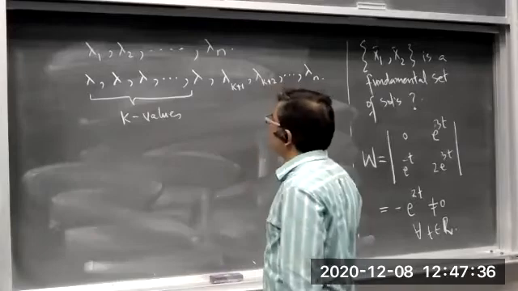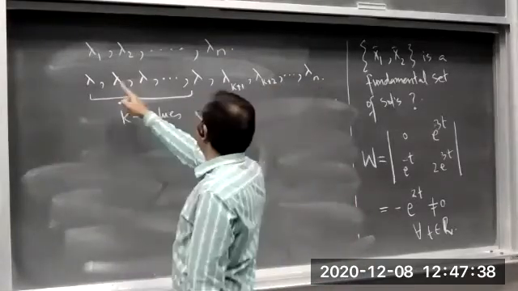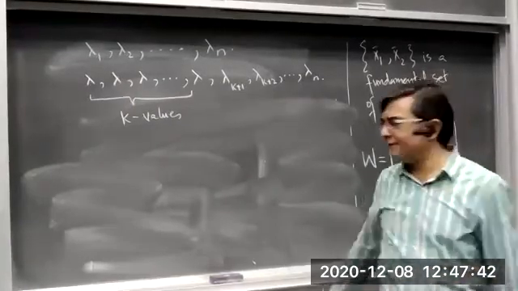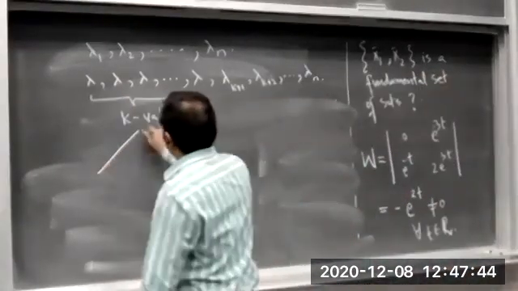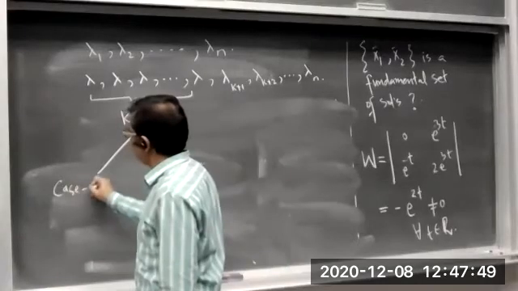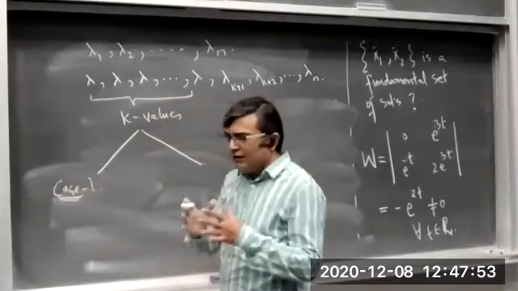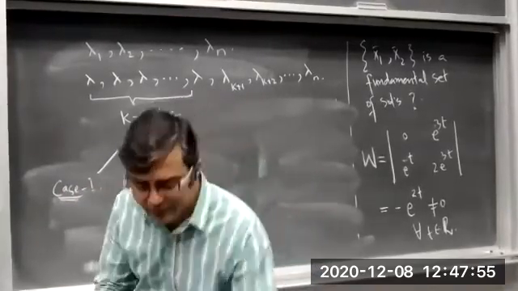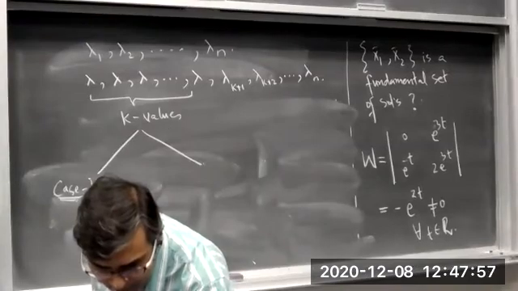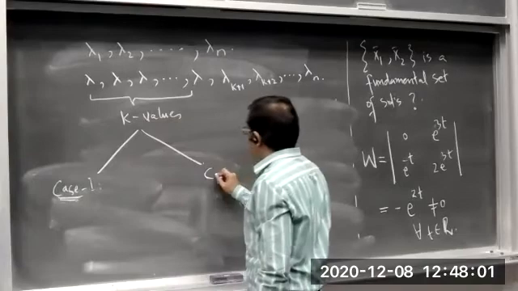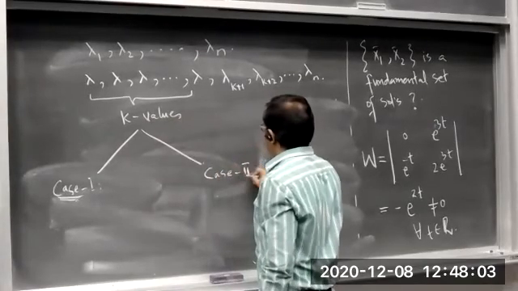In this case, when some of the eigenvalues are repeated, there are two further cases. Now lambda is an eigenvalue which is repeated k times. In that, we also have two cases.